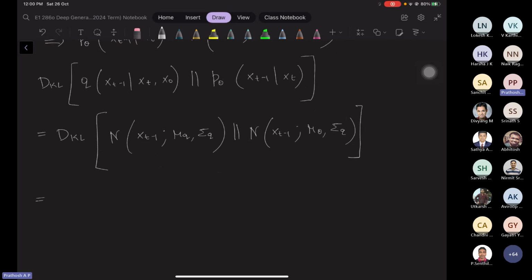Now, KL divergence between two Gaussian distributions can be computed analytically.